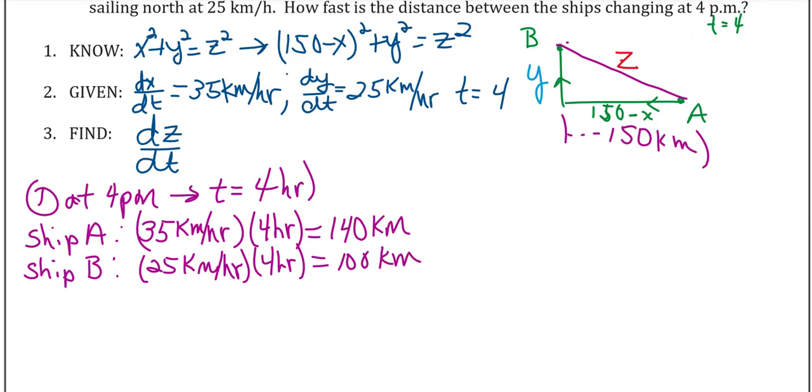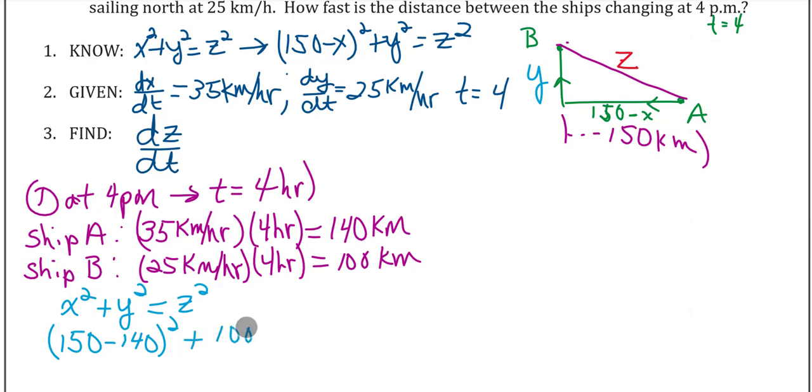And then the other thing I need is to find z at that specific point. So now I have my x and y, and now I can find my z. Using my equation above, I have (150 minus 140) squared plus 100 squared is going to be z squared.